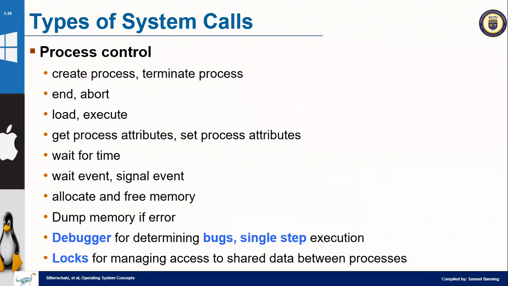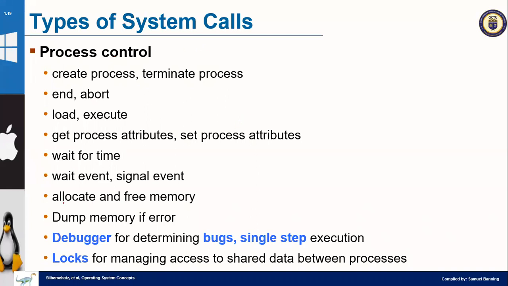It is used to create process, terminate process, end process, abort process, load process, execute process, get the attribute of a process, set the attribute of a process, wait for time, wait event, signal event, allocate memory, and free memory. All these are examples of process control system calls.